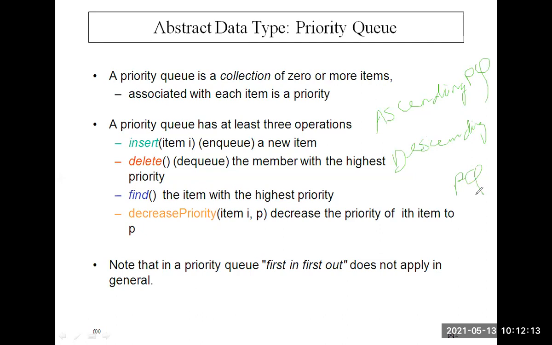So in an ascending priority queue, elements can be inserted in any order. In either ascending or descending priority queue, the elements can be inserted in any order.